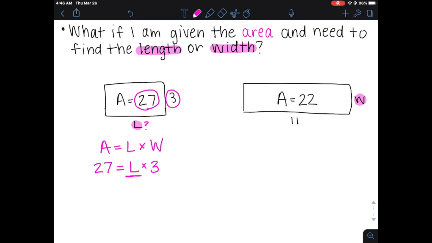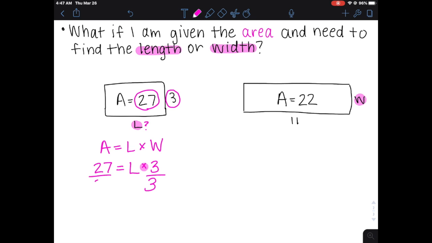In order to do that, I have to move things from one side to the other side of the equal sign. And you do that using the inverse or the opposite operation. So if I look right now, the operation that I see happening is multiplication, and I'm multiplying by 3. Okay, so to get rid of that from the right side and move it to the left, I have to do the opposite of multiplying by 3. The opposite of multiplying by 3 is dividing by 3.